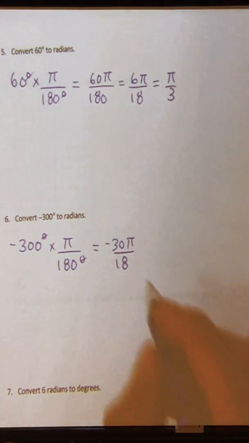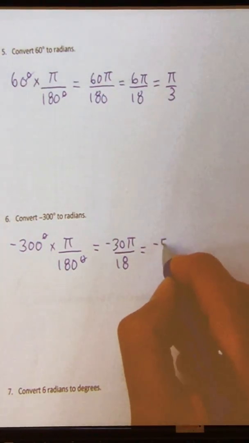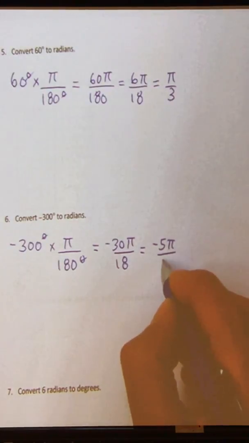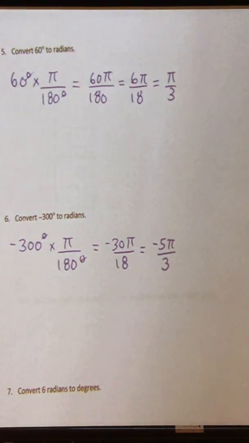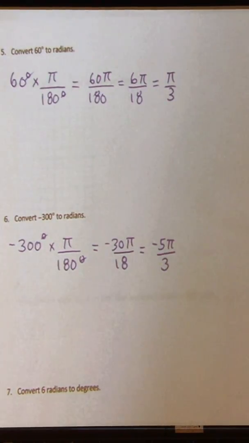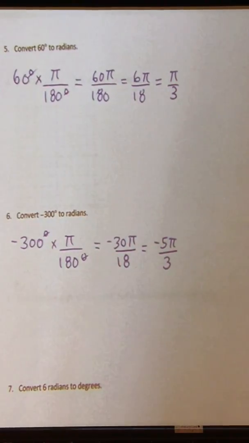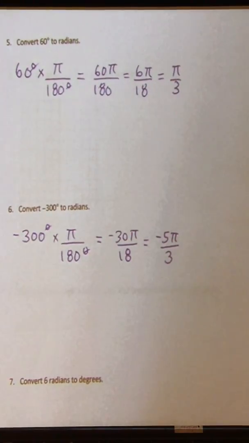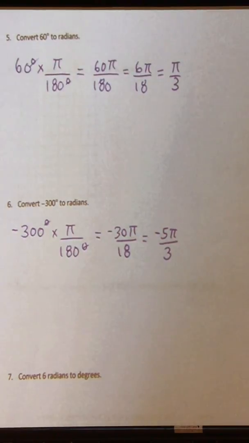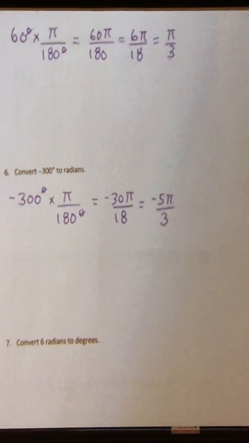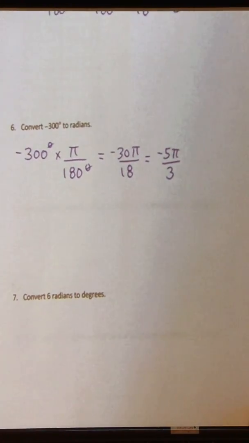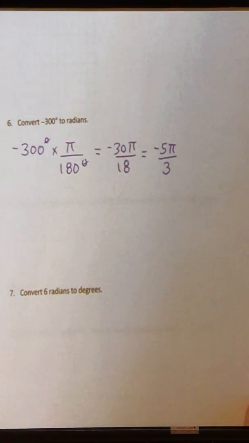Dividing the top and bottom by 6 will give us negative 5 pi over 3. So negative 5 pi over 3 in radian measure is the same as a negative 300-degree rotation.